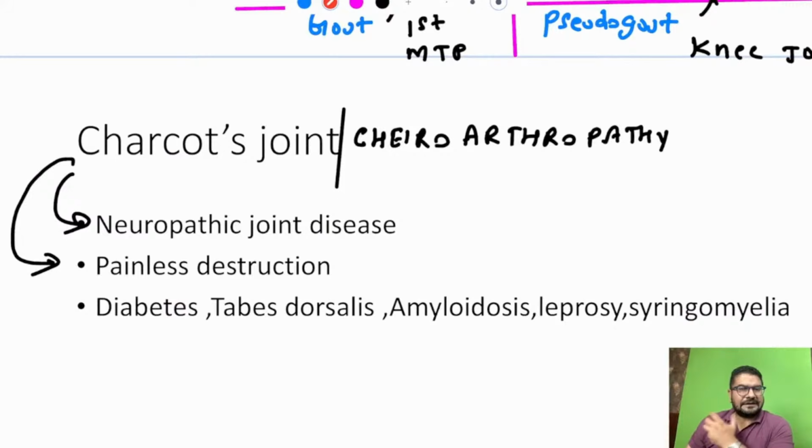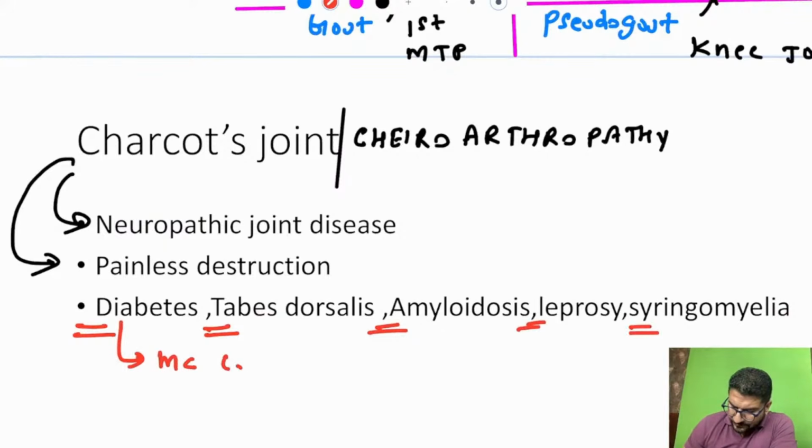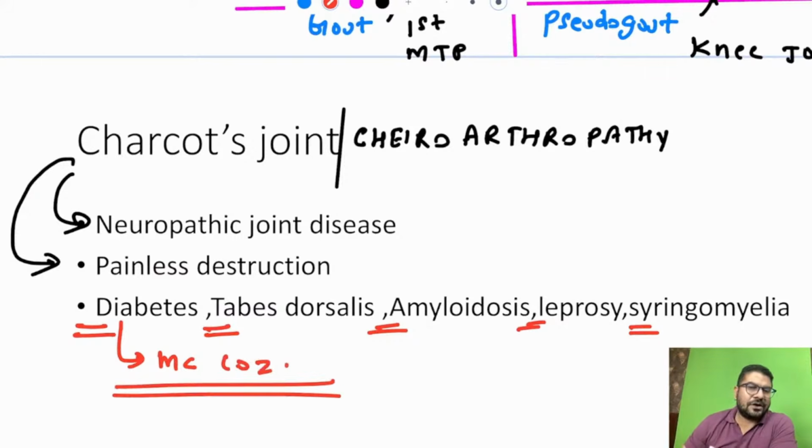So what are the examples of disease? Here you will see diabetes, tabes dorsalis, amyloidosis, leprosy, syringomyelia. अगर मैं आपसे पूछूँ most common cause of Charcot joint or chiroarthropathy, it will be diabetes.